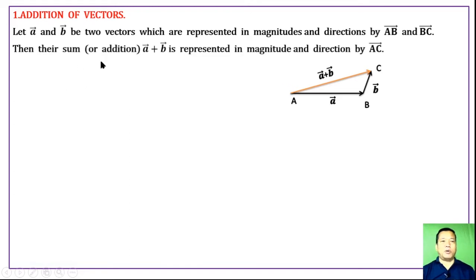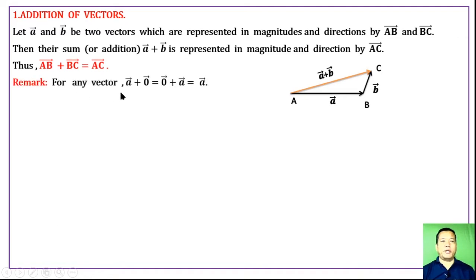Then their sum, A vector plus B vector, is represented in magnitude and direction by the line segment AC. Thus, AB vector plus BC vector equal to AC vector.